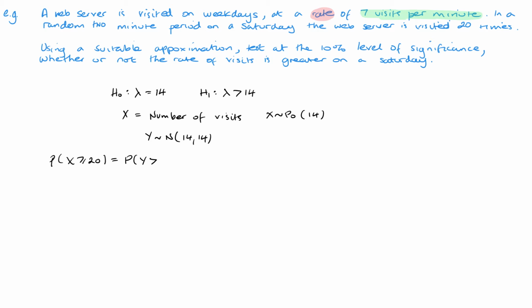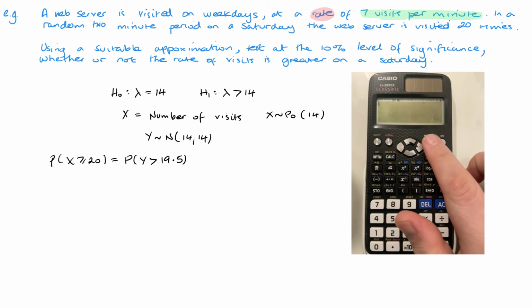So Y would be greater than, now if it's greater than or equal to 20, that would mean that it's greater than or equal to 19.5. Remember, with normal distribution it doesn't actually matter whether you use the greater than or a greater than or equal to, they're both effectively the same thing. At this point you have the option of using the tables or the option of using your calculator.